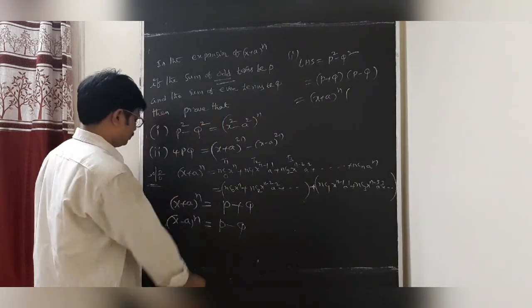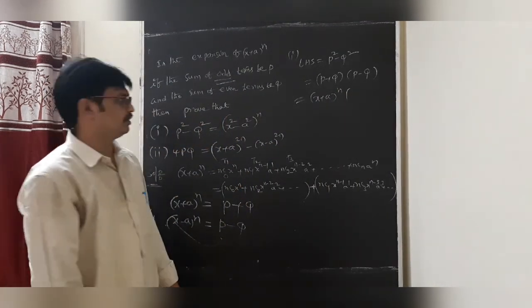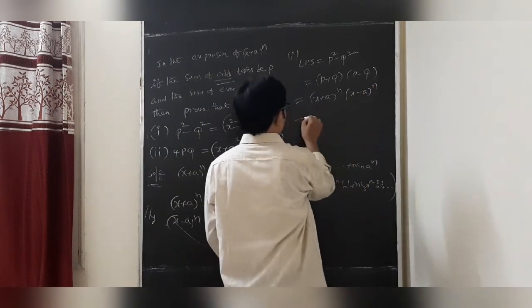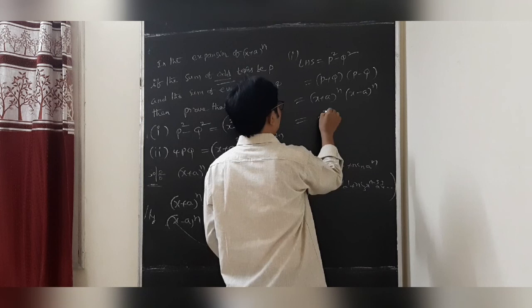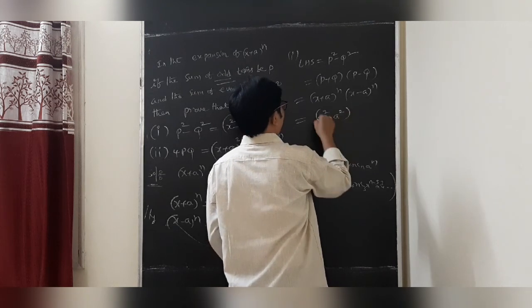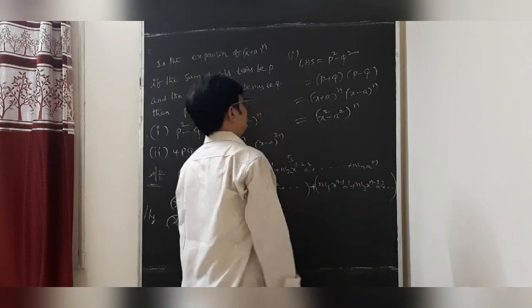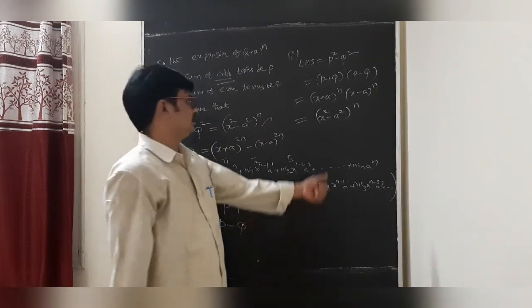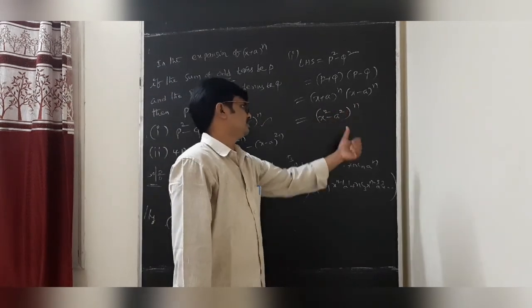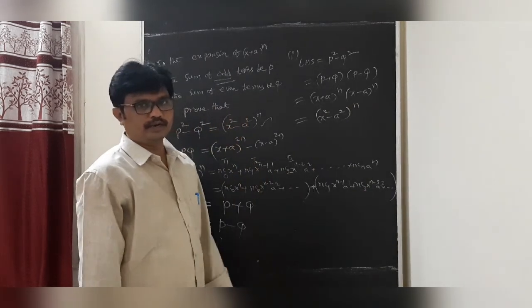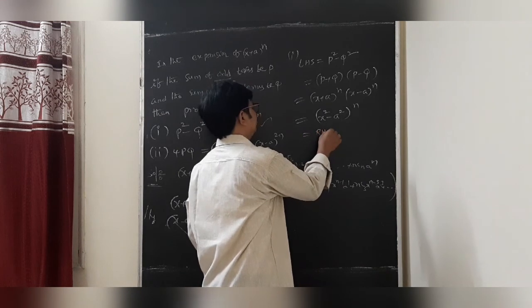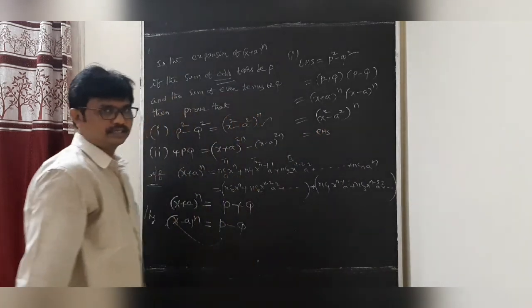P minus Q will be (x minus a) whole power n. So this is (a plus b) into (a minus b), a square minus b square. That is (x square minus a square) whole power n. So students, this is the right hand side.